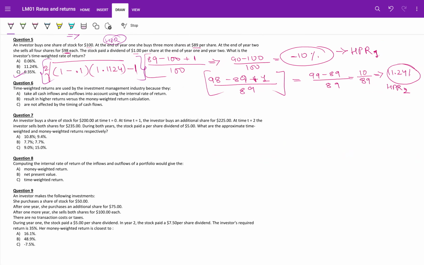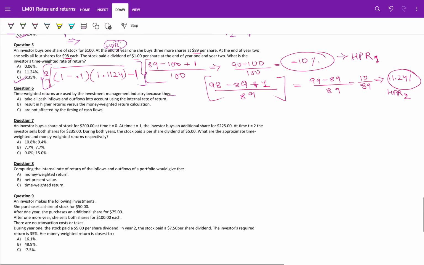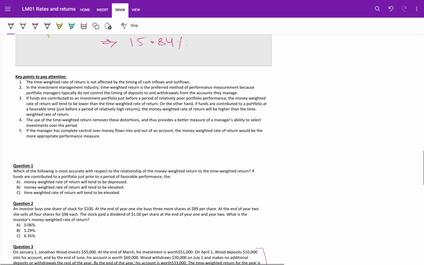So the question here is that time weighted returns are used by the investment management industry because, and we talked about this, why the time weighted rate of return is preferred by the investment industry, because portfolio managers typically do not control the timing of deposits to or withdrawals from the accounts they manage.